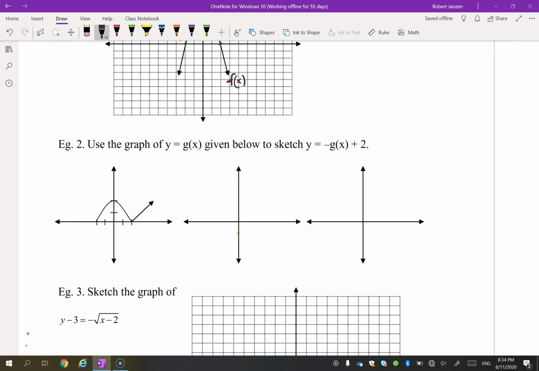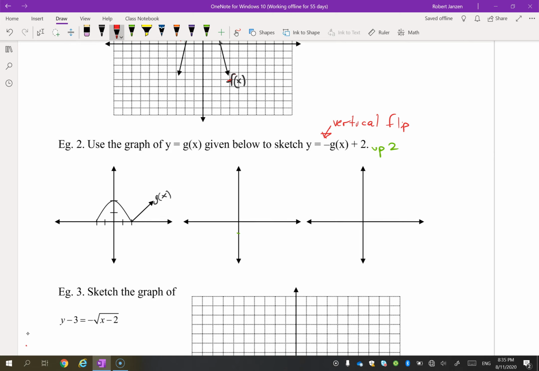Okay, let's try another one. Here's g of x. We're supposed to do two things to it. What does that negative do? This is a vertical flip or vertical reflection, and then it's going to be up 2. I'm going to do this in 2 separate steps. So first I'm going to do the vertical flip.